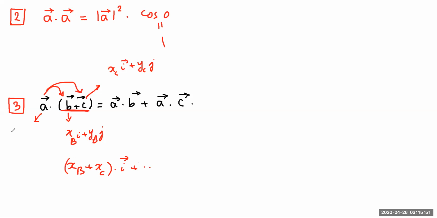If I suppose the vector A is xa times i, now how to compute the product?